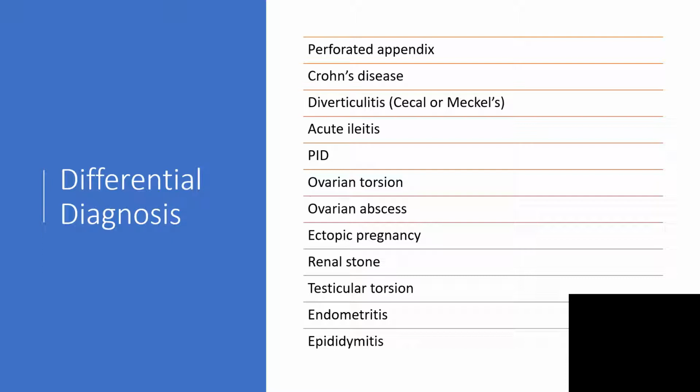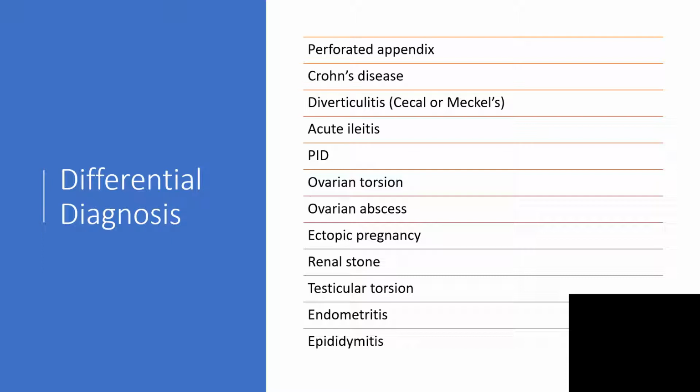Acute ileitis, that is inflammation of the ileum, could be the case. Pelvic inflammatory disease in females affecting the tube along that part on the right side. Ovarian torsion when the ovary on the right is suffering from that, including ovarian abscess.